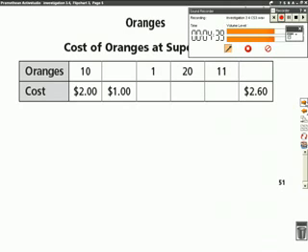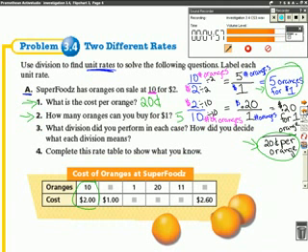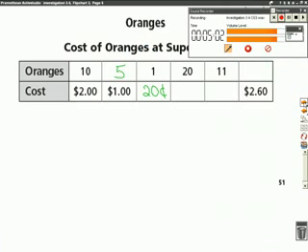We just answered that in one of the questions, and that answer was 5. If I have 1 orange, how much will it cost? 20 cents. And we're just going to double check this stuff. We did say five oranges for $1 and 20 cents per orange. Okay, so we're good.